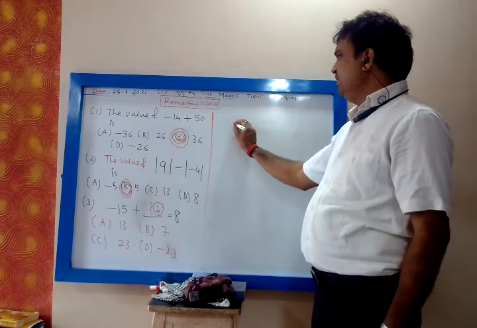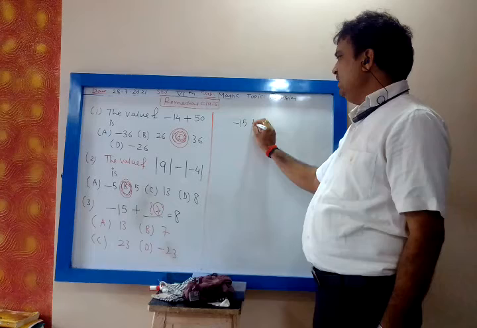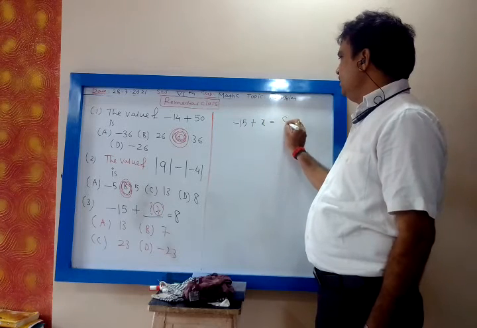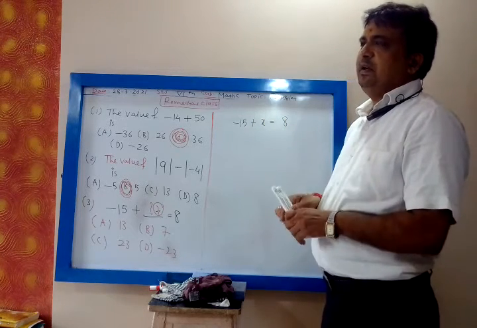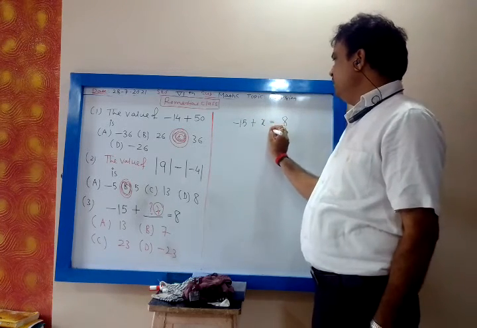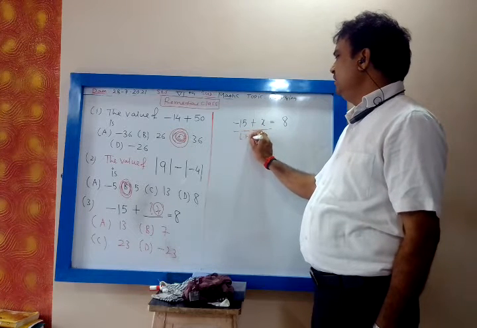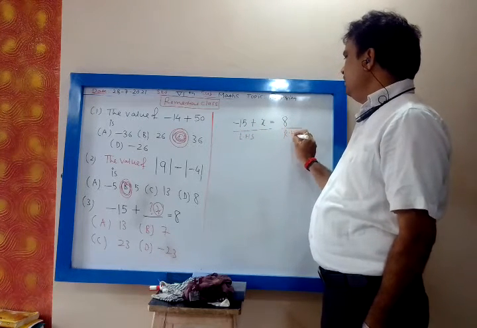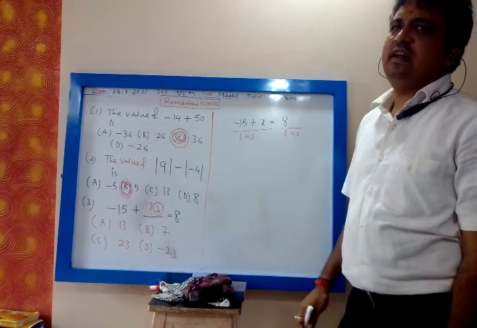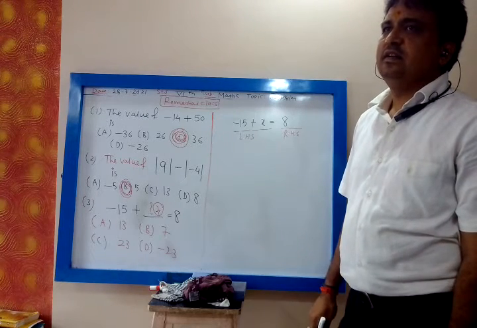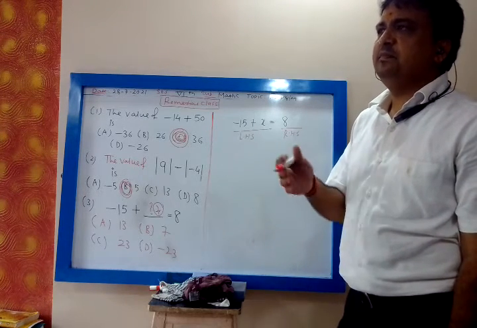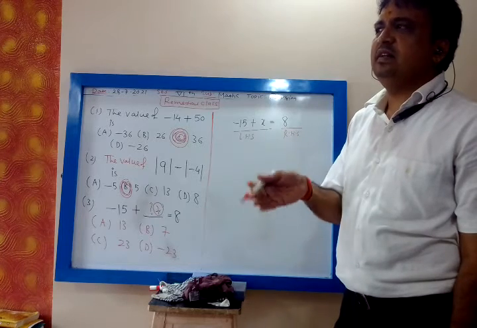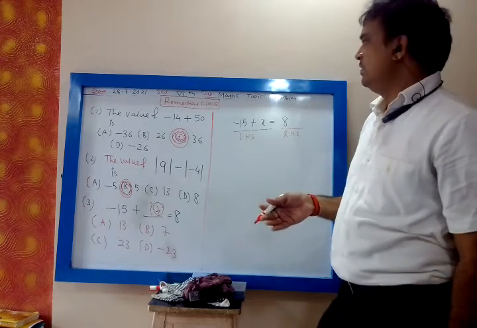So minus 15 plus x is equal to 8. Now pay attention here. Before equal to, it is my left hand side. After equal to, it is my right hand side. Whenever you change the side, the sign changes. Plus becomes minus, minus becomes plus, multiplication becomes division, division becomes multiplication.